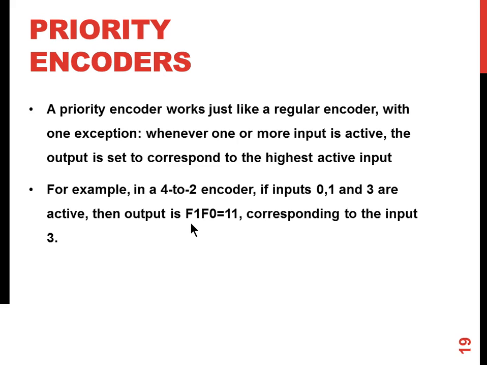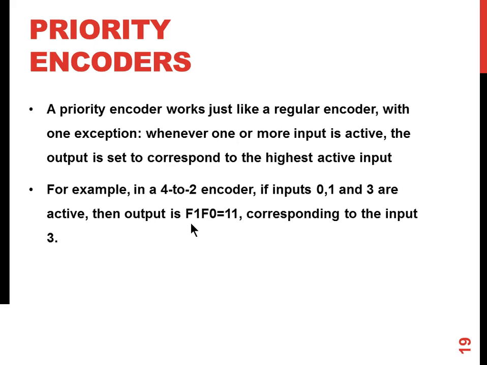If input 1 and input 5 are high at the same time, it cannot be that your encoder output is 0, 0, 1 and 1, 0, 1 at the same time. Input 0 has the highest priority, input 7 has the lowest priority, in that order. So the highest priority I0 is not active. The next priority is I1, which is active. So I1 will be taken and the output will be 0, 0, 1 in that case.